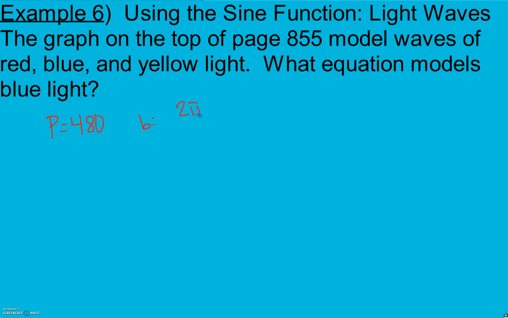We take 2 pi divided by b equals our period. Multiply by b. Divide. And we get pi over 240 equals b.